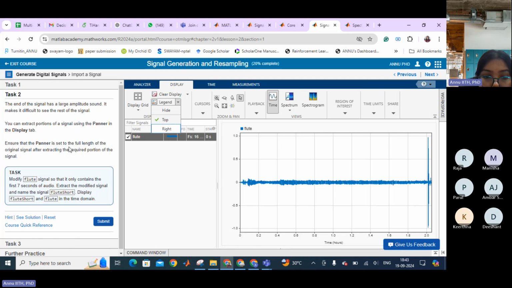Ensure the panel is set to the full length. It is a panel. Modify the flute signal so that it only contains the first 7 seconds.